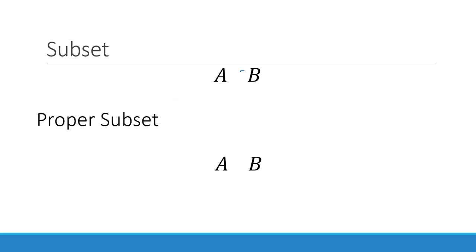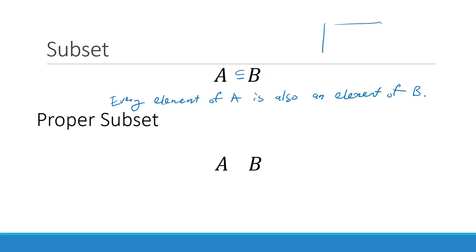We say that A is a subset of B using this symbol if every element of A is also an element of B. So for every value that's in A, it's also in B. If I look at a diagram, the set A is completely contained in the set B, so we say A is a subset of B. Now, a proper subset is different.